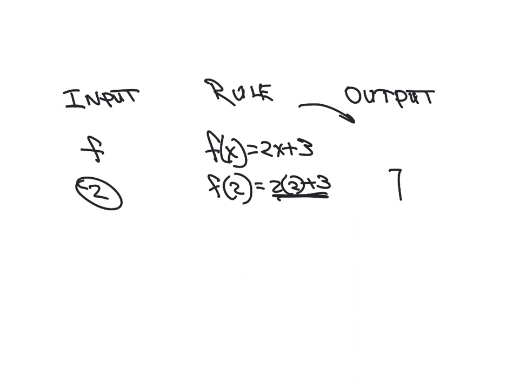So our input is 2, our output is 7. We would write it as f of 2, so that's just telling us what number we put in for our variable equals 7. And that's pretty much what that amounts to as far as understanding that whole scenario.